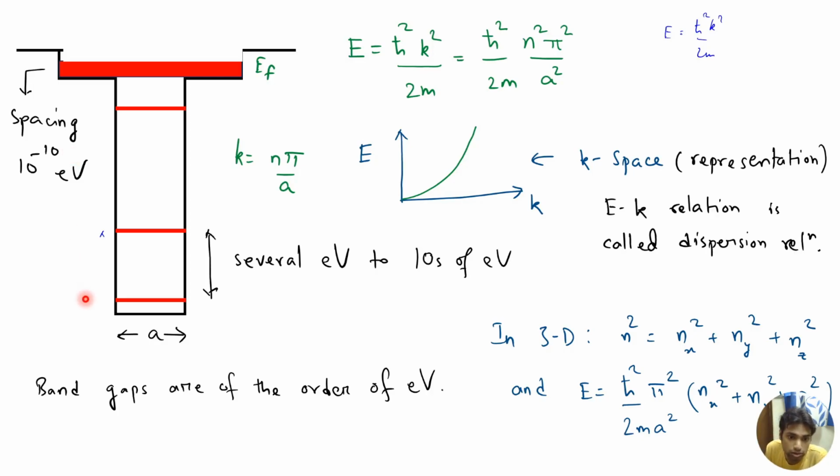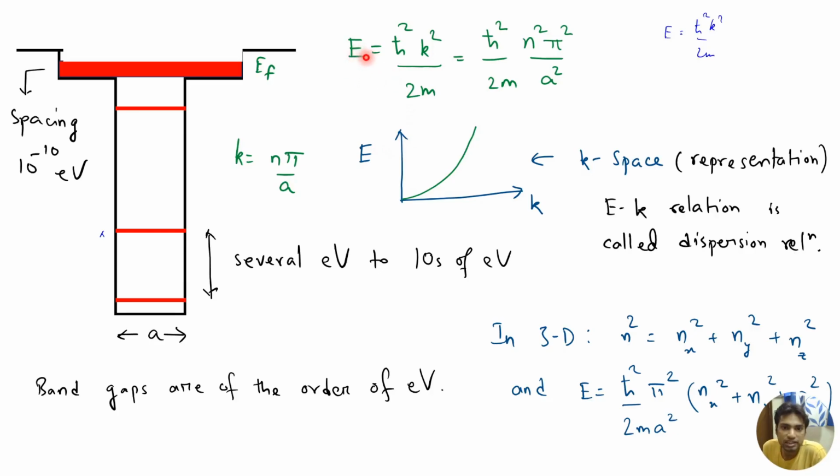So the band gaps are of the order of electron volts. But if you remember, this is the region where we say that the electron is nearly free, so this is the nearly free electron energy level.